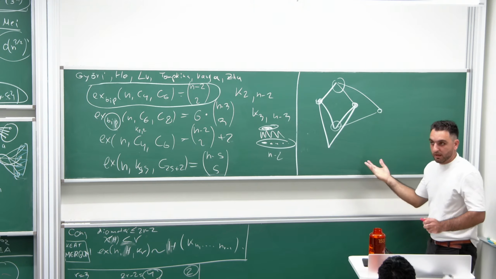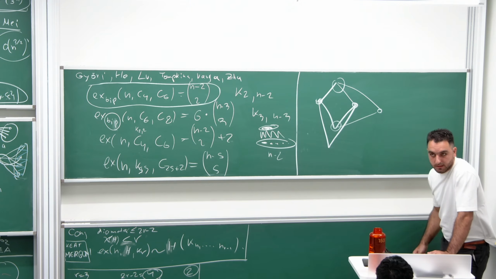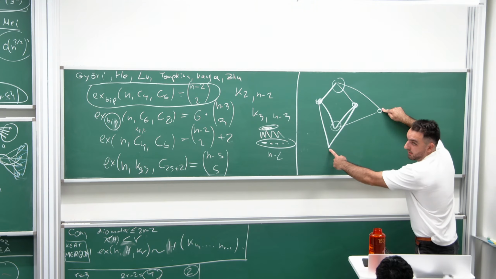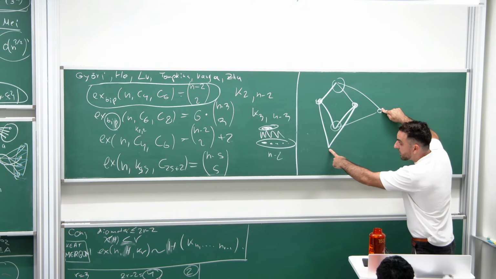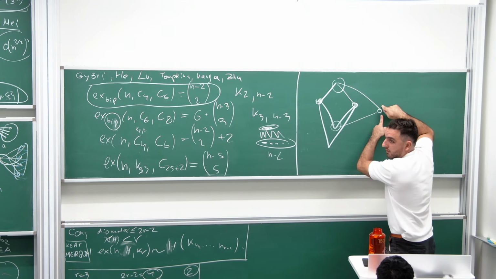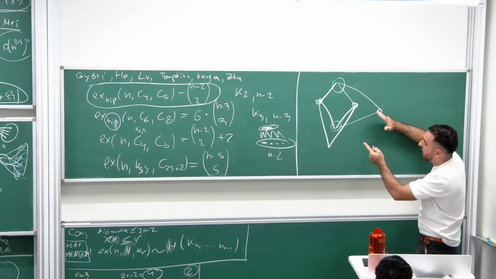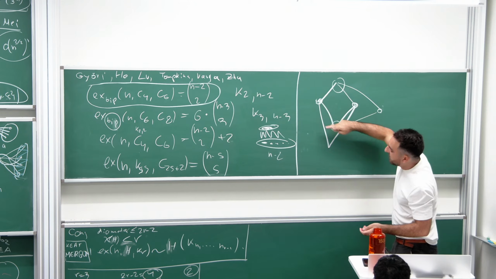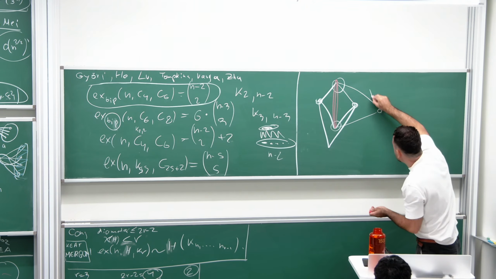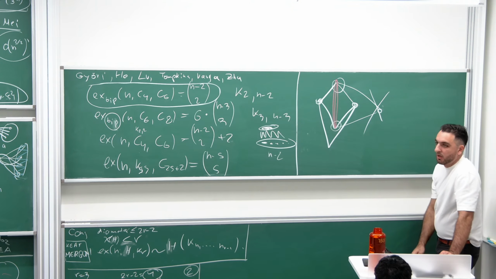If we have this, then this is a C6, right? What if these two vertices are the same? They cannot be the same because the graph is bipartite. So if there exists another cherry on these two and another cherry on these two, we must have a C6. This means that in every C4 I can choose a diagonal on which there is no such vertex.